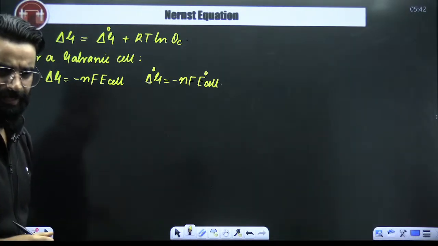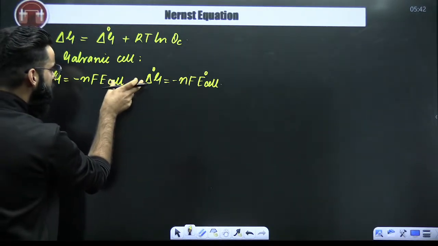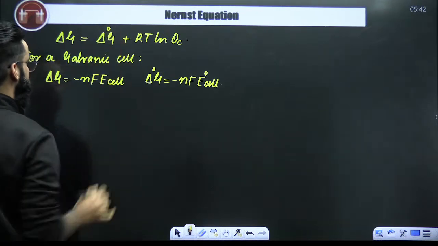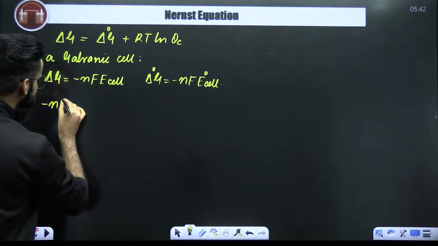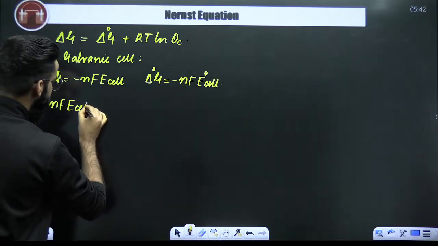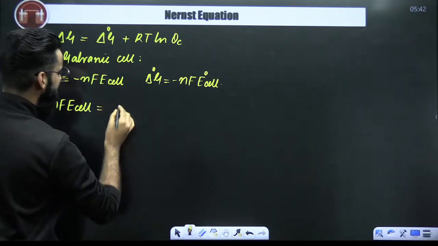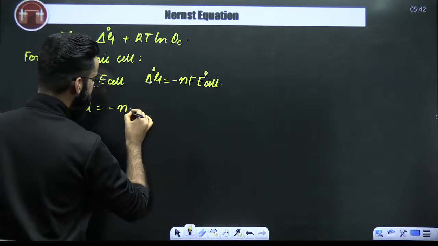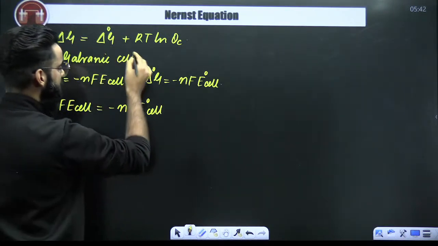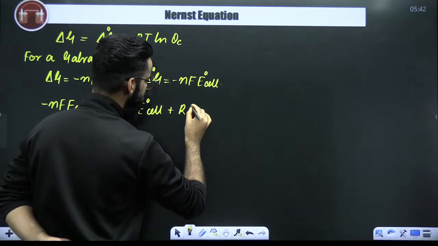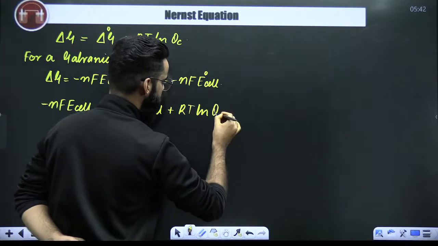Now, people, understand. If I put these two parameters into the main equation, what do I get? Instead of delta G, I'll be writing minus nFE cell is equal to, instead of delta G naught, I'll be writing minus nFE naught cell, plus RT ln of Qc.